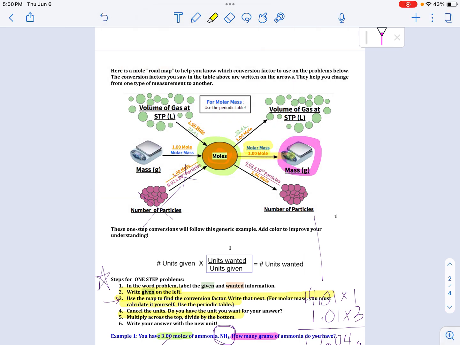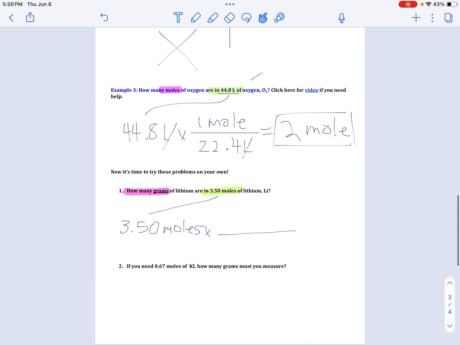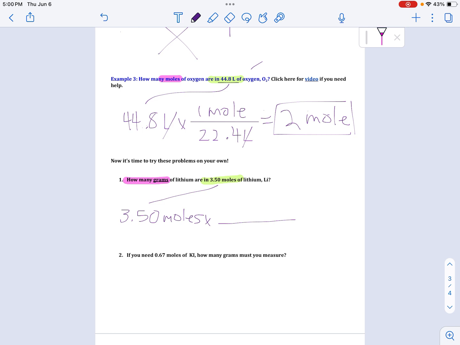Molar mass on the top and 1 mole on the bottom. So the molar mass does not have a number yet, so I have to find that from the periodic table. But I'm going to write the 1 mole on the bottom because that part already has a number.